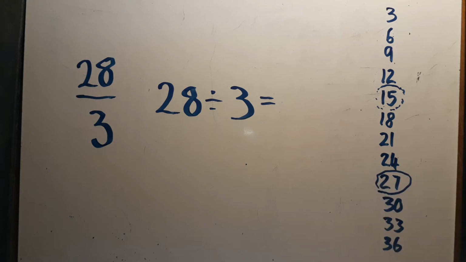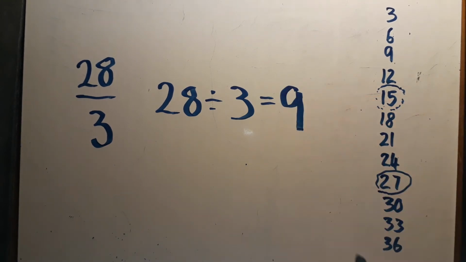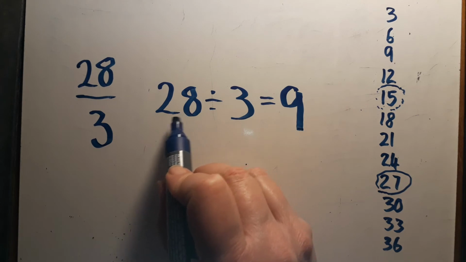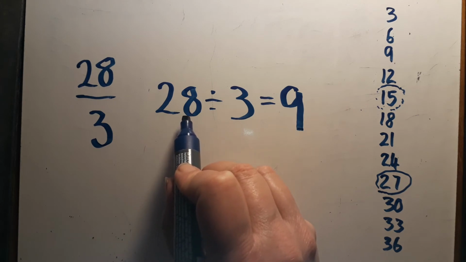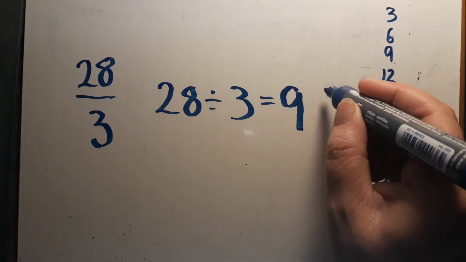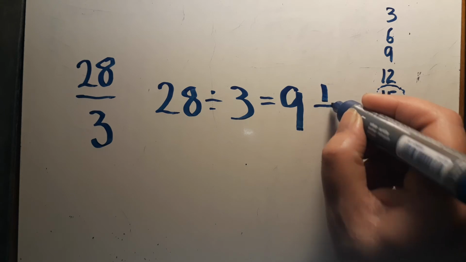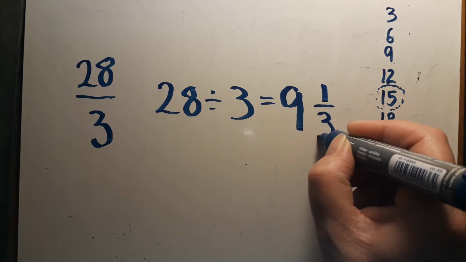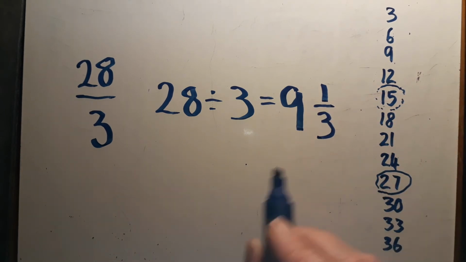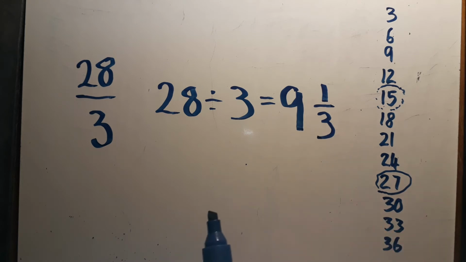That would be 27, and that is 9 wholes. And how many left over? Well, 28 is 1 more than 27, so I'm going to write what is left over as a fraction. So 9 whole ones and 1/3.